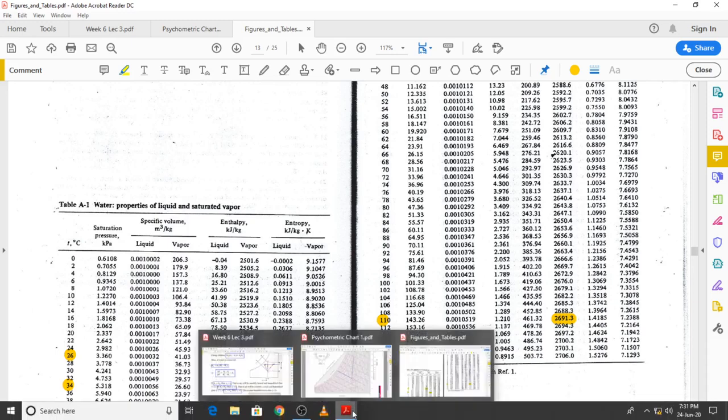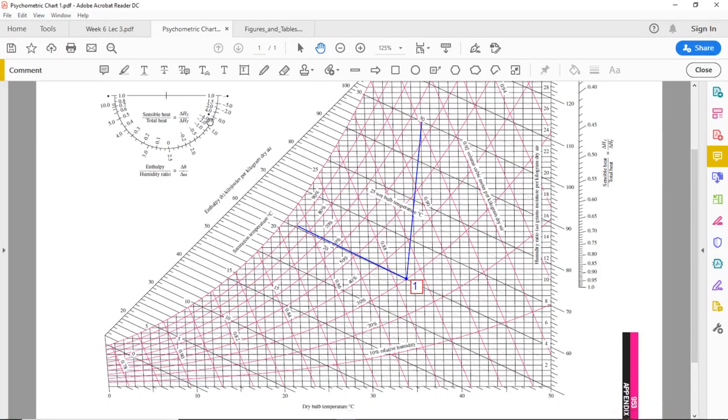And I can then draw the third process line with the help of the protractor. We have got 2.5 over here, and we need a value of 2.56. So this is 2.5, this is 2.6, so we are just about over here.